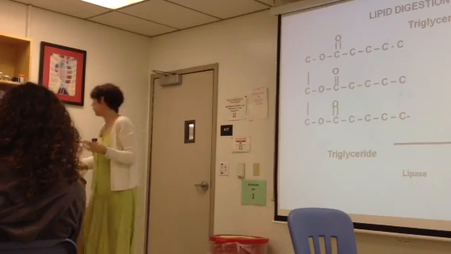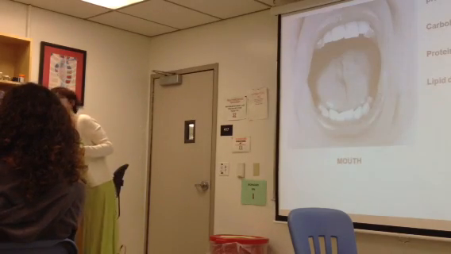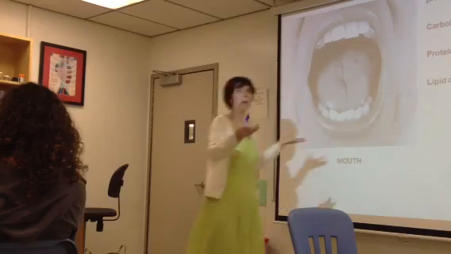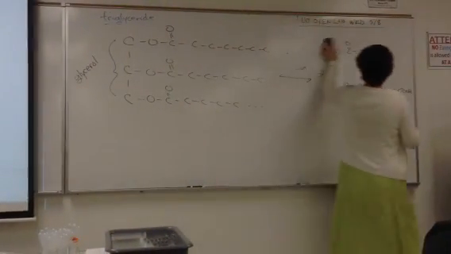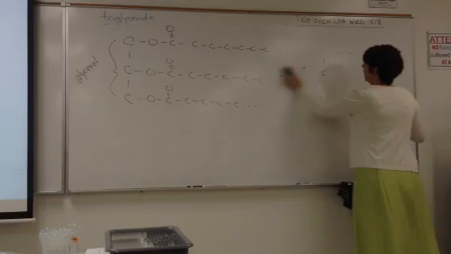Okay, so now let's go through our digestive organs and talk about which of these 3 different foodstuffs have any type of intermediate or final step digestion occurring.